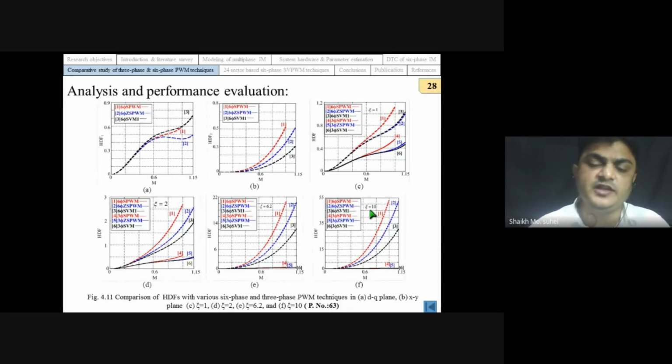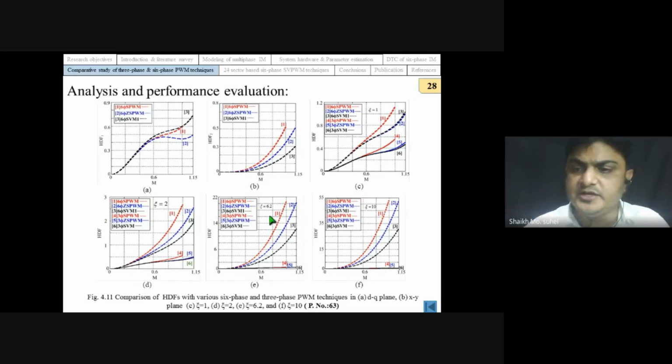These are the values of leakage coupling coefficient that we selected. The zeta value is commonly between 1 and 2 if your windings are single layer, and for double layer windings zeta ranges from 6.2 to 10, and that's why we have calculated our HDF for these different values.